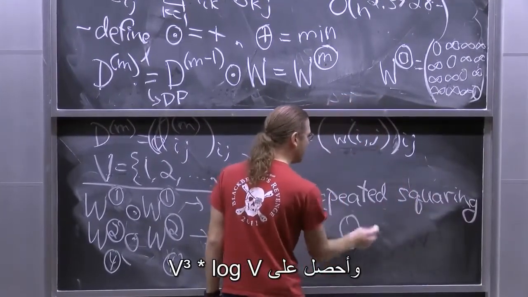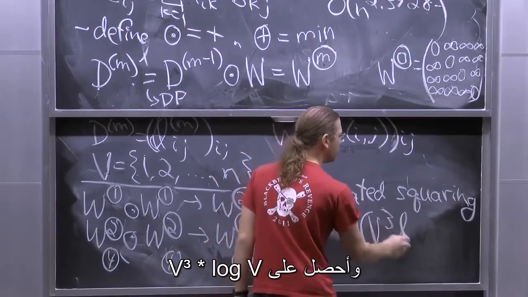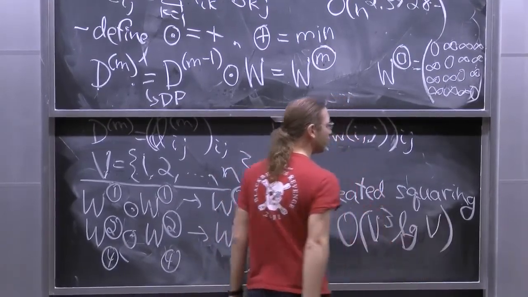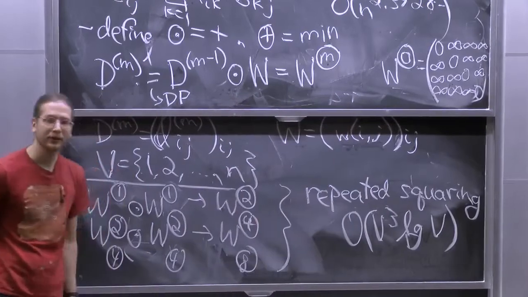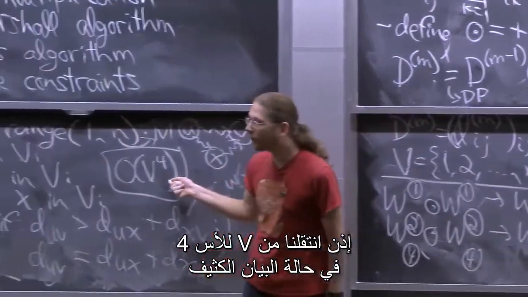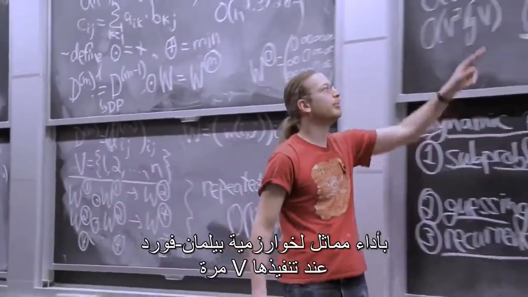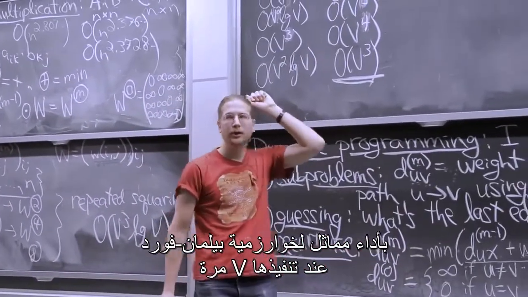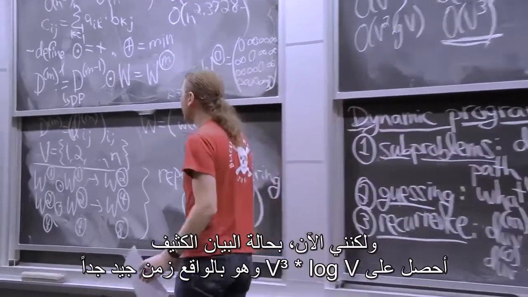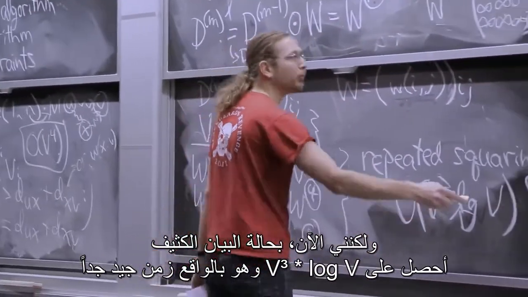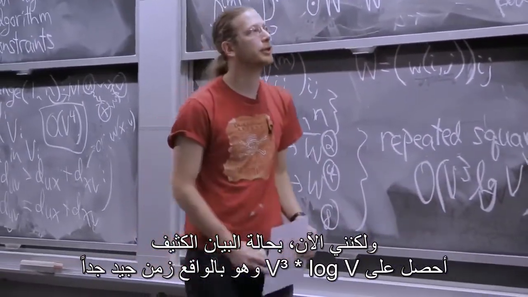And I get V cubed log V. Finally, an improvement. So we went from V to the 4, which in the dense case was the same performance as Bellman-Ford, to V cubed log V, which is actually pretty good.